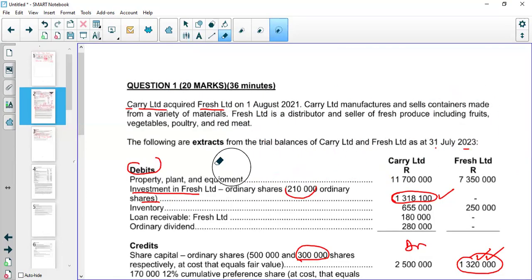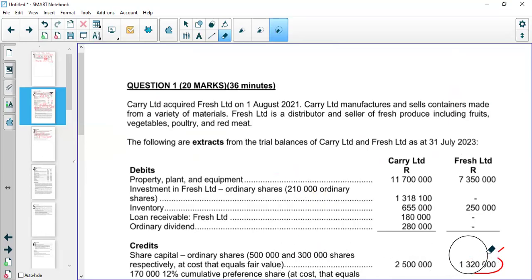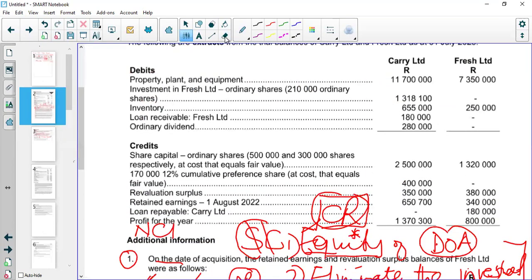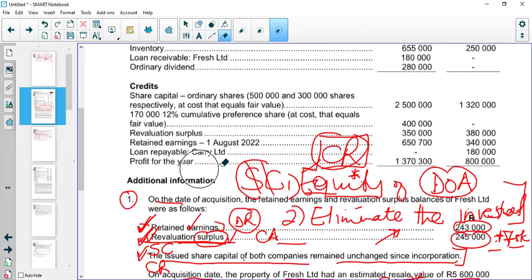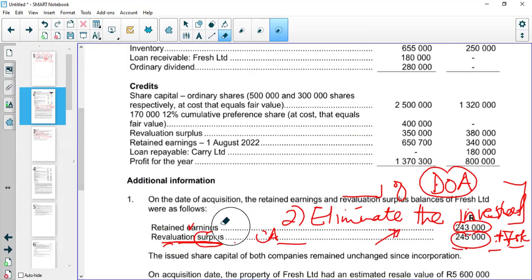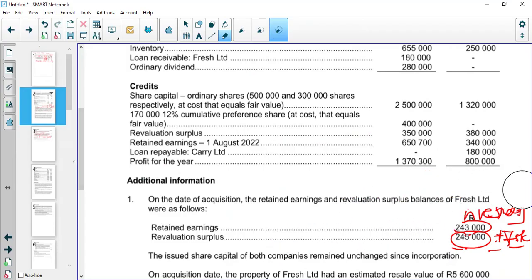It's very important because sometimes a revaluation is not recorded when it happens on the date of acquisition, right? But then eventually they will do a revaluation. So we need to remember that so that we do not duplicate a revaluation surplus.